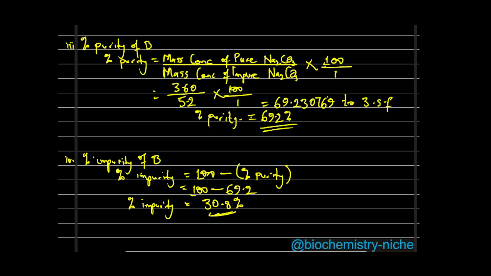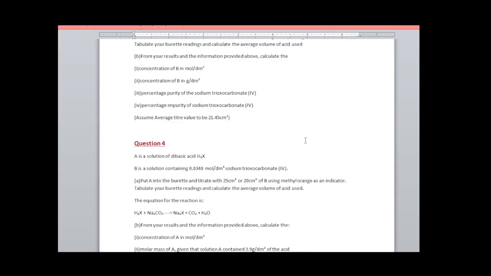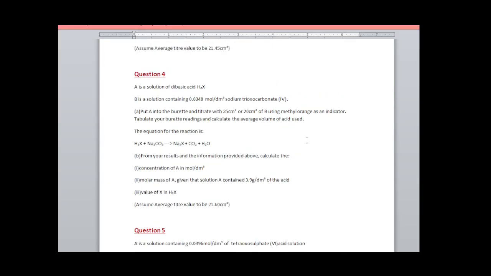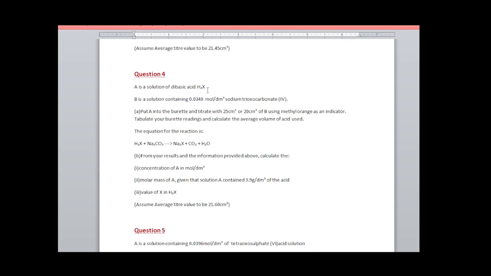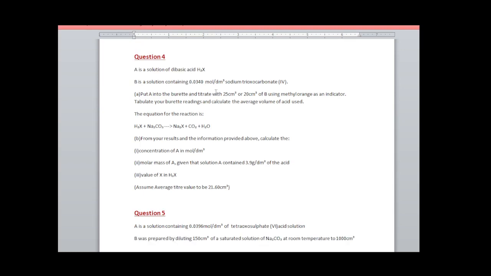The next question that we have in this session is talking about A, a solution of dibasic acid H2X, and B, a solution containing 0.034 moles per dm cube of sodium trioxocarbonate.